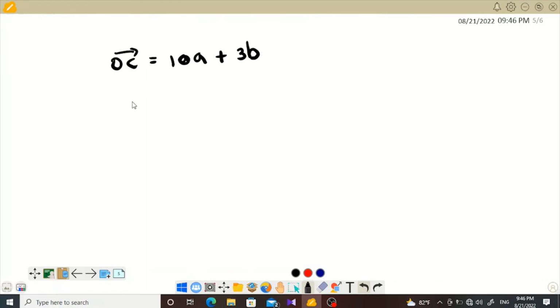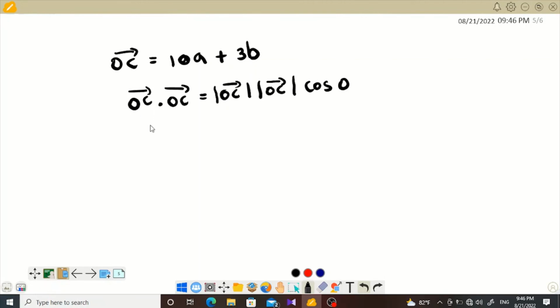I can write it as OC dot OC equals OC modulus cos 0, right? Cos 0 means we consider the same vector. There is no angle between these two vectors, so the angle between them is 0.